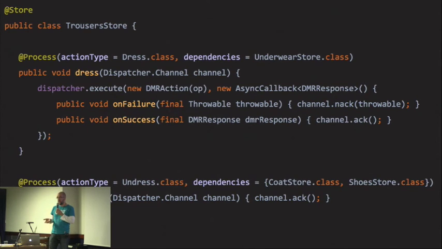You specify which action you want to process in your method, and you can optionally have dependencies on other stores. And in this example, the dress action is first processed by the underwear store, and then by the trouser store. It's all about having an order, or having a notion of your data flow, and which action is executed by which store.